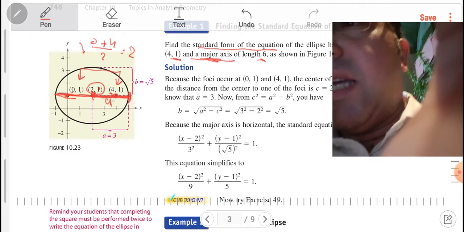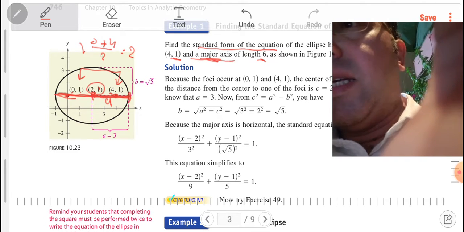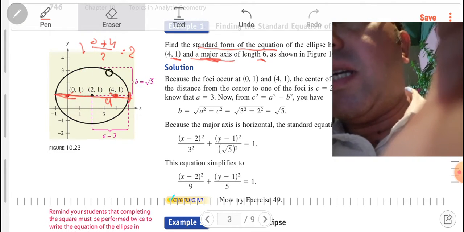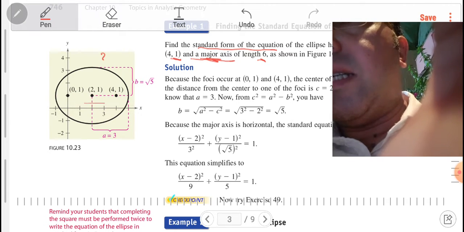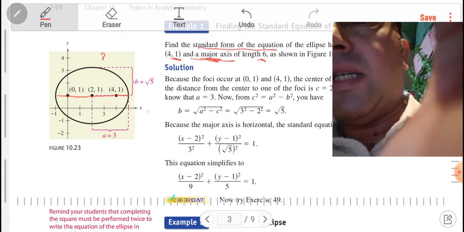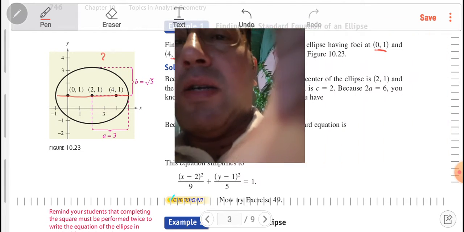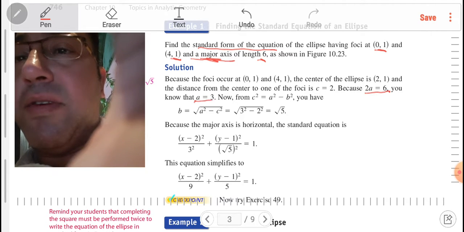So he gave us the two foci, and I found the center location, which is (2, 1). He gave us that the distance of the major axis is 6, which means a equals 3. So again, double a is 6, a is 3.